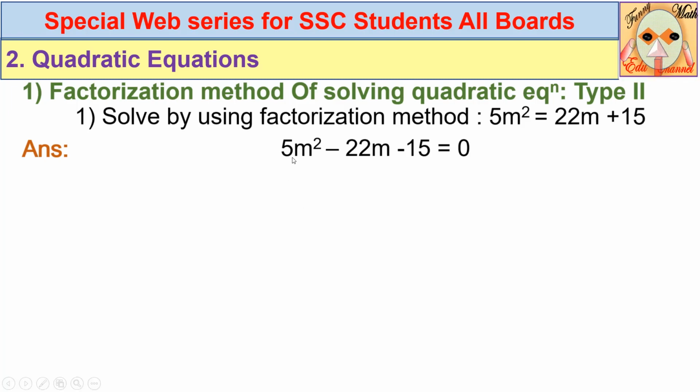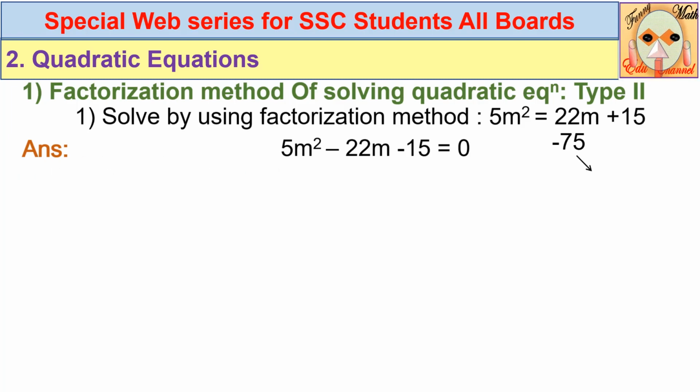Now your observation here, the coefficient of the square term is not equal to 1. There is 5. This 5 and the last constant term, minus 15, give you the product minus 75. And now the factors of minus 75 you have to take in such a way that their sum must be minus 22, which is the coefficient of the middle term.